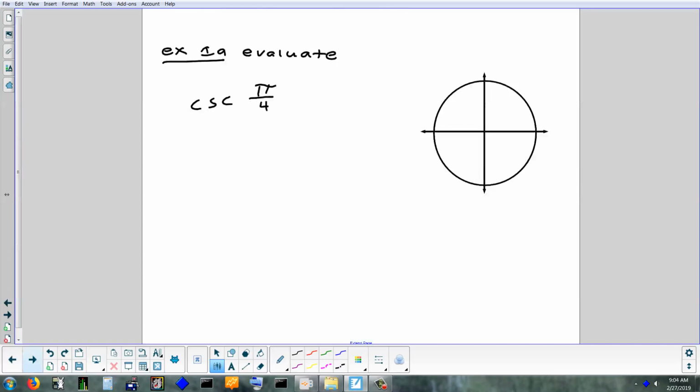Ultimately, what do you need, though, to do this? To do any problem in unit circle trig, you always need to know. All right, well, let's change it to degrees first, and then I'll ask you what to do next. So how do I change that to degrees?